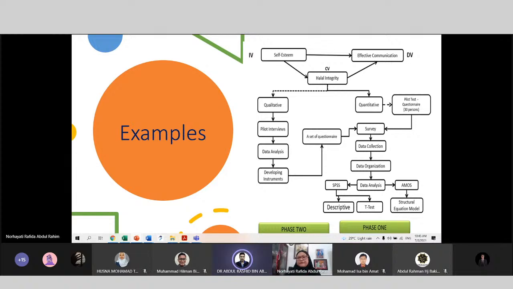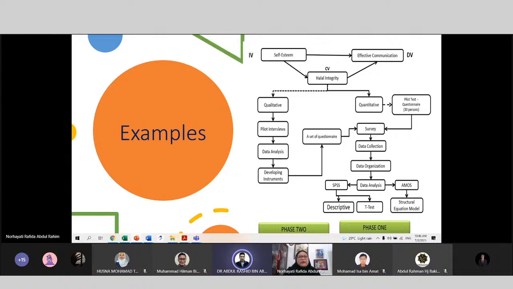Doctor, based on your framework, in the qualitative you do a pilot test and then come up with the set of questionnaire, and then the arrow goes to the survey. But above, the quantitative will also do a pilot test of the questionnaire, meaning there is a standardized questionnaire and from the pilot test you develop another questionnaire. Is it?